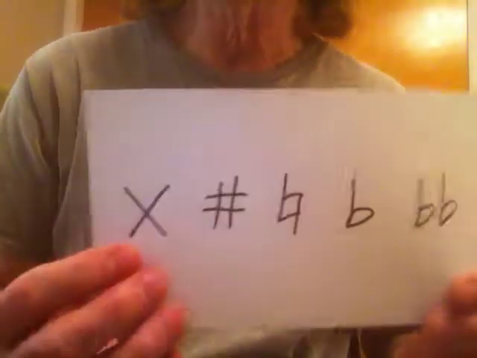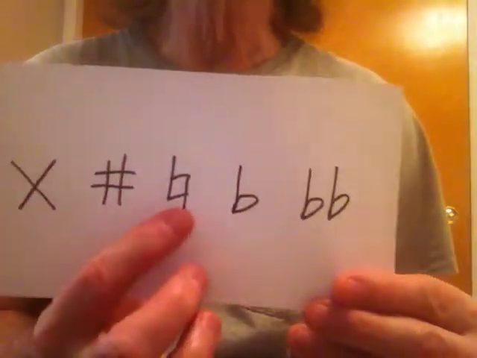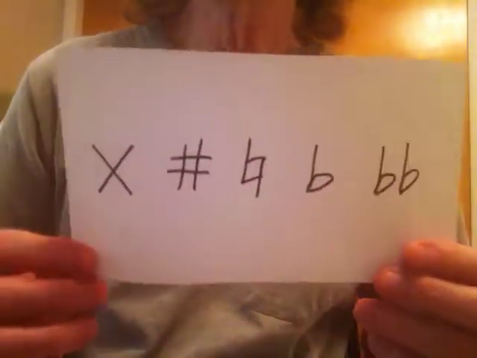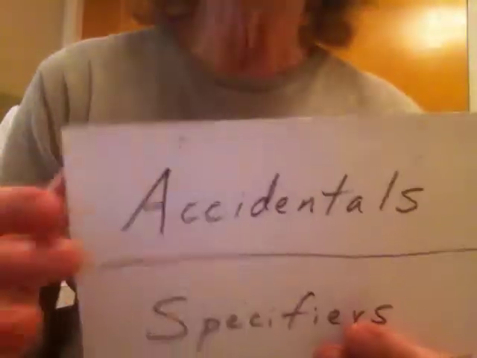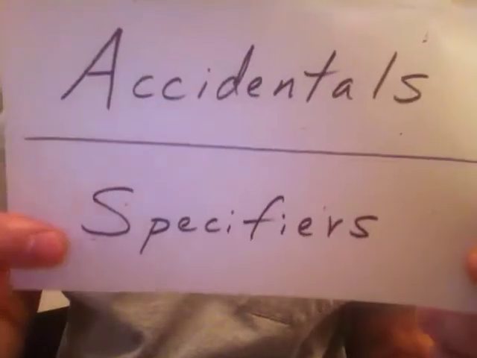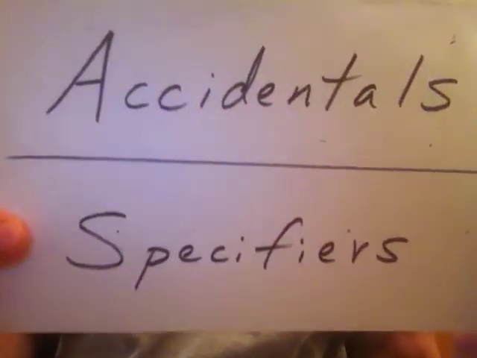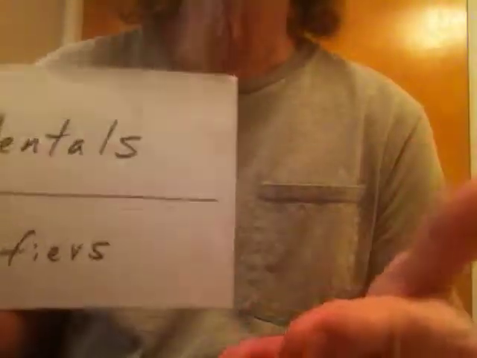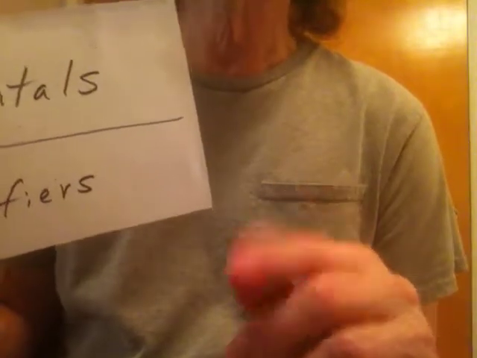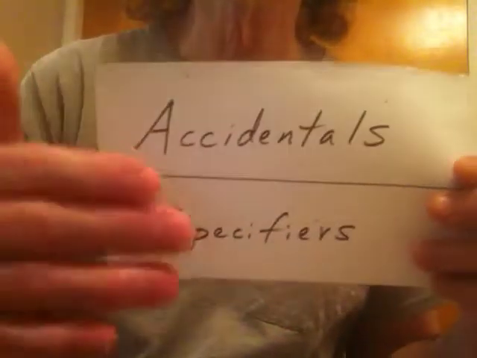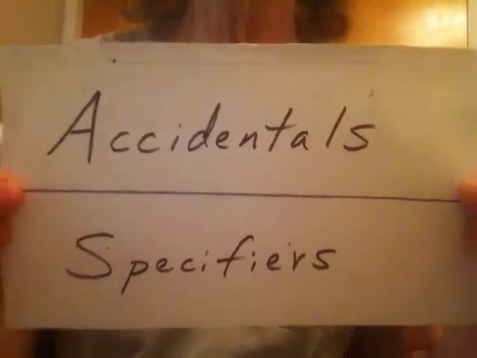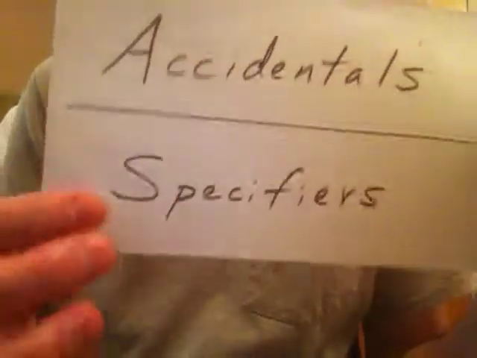Now, I told you before that we have things called double sharp, sharp, neutral sign, flat, double flat. You've seen that in previous videos. If you're a beginner, most people call them accidentals. That's fine. I call them specifiers, because when I'm done with this set of videos, my chord notation system set of videos, I'll explain all the different changes that I made to help you see things more clearly. But I call them specifiers.